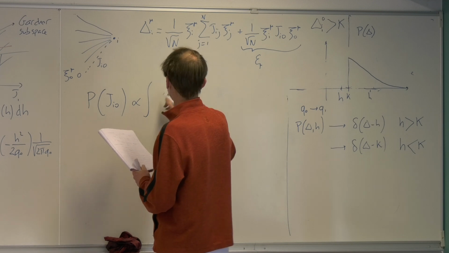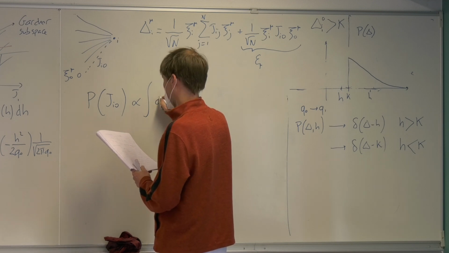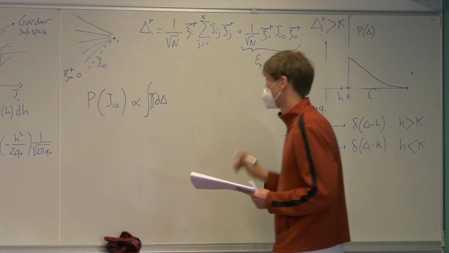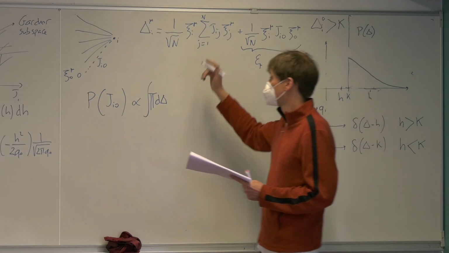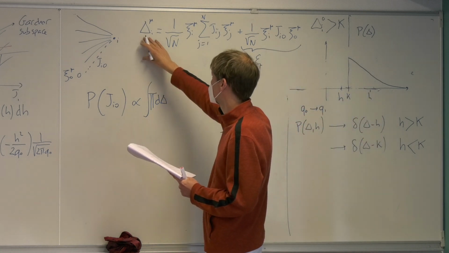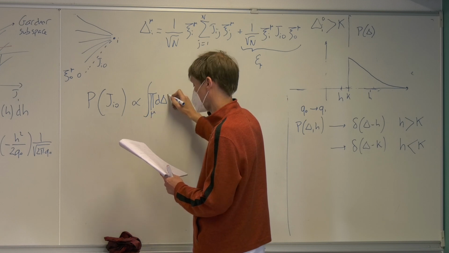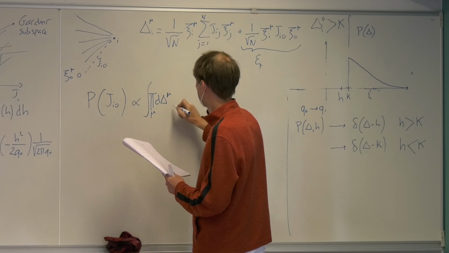Basically, we have to integrate over the distribution of the stabilities, delta mu.